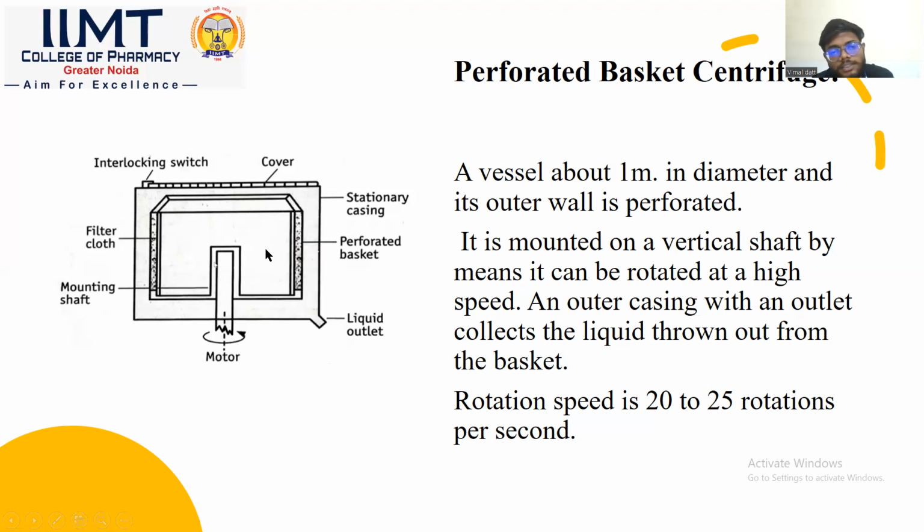If we rotate this basket, the slurry will move towards the external surface of the drum. After that, it will stick to the filter medium and the filtrate or solvent is moved out from the drum with the help of pores or perforated holes in the basket.